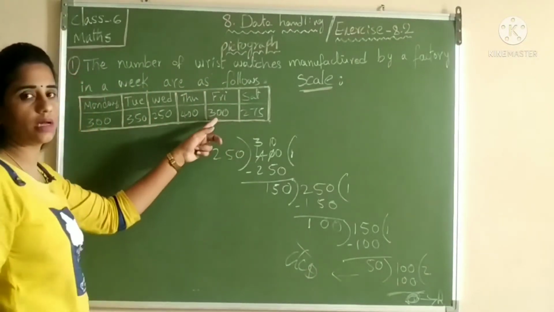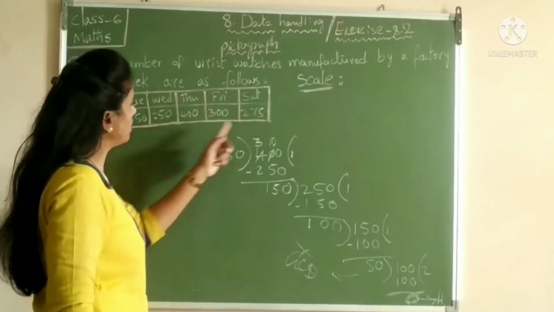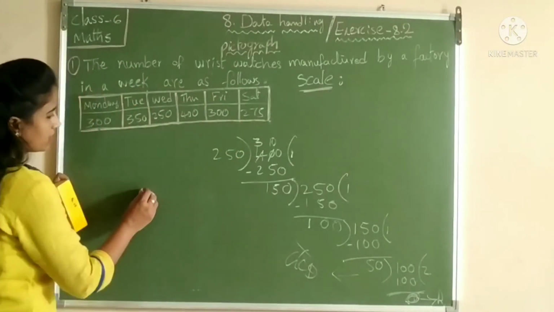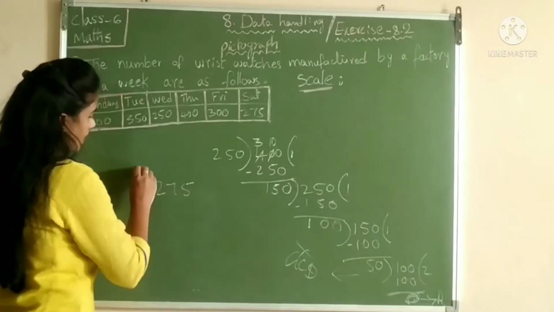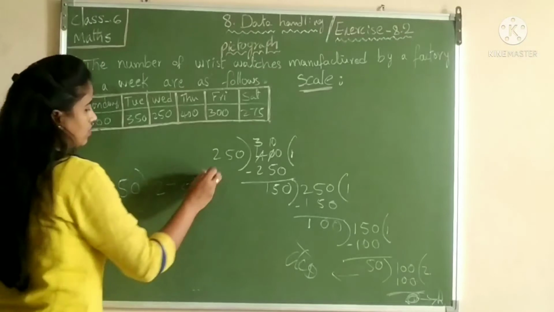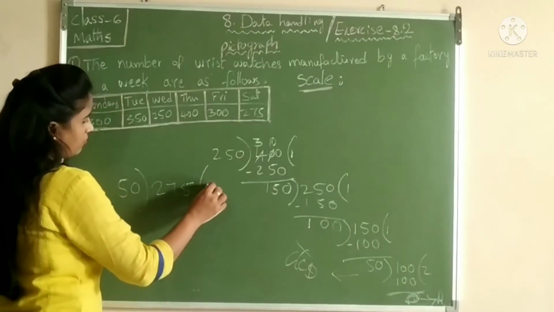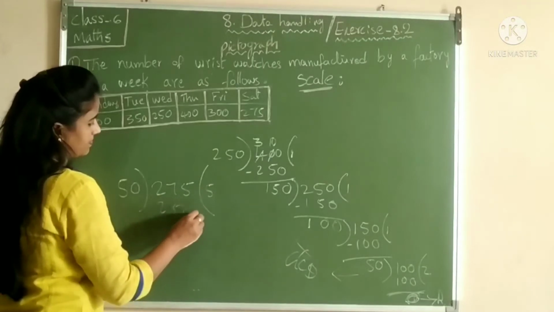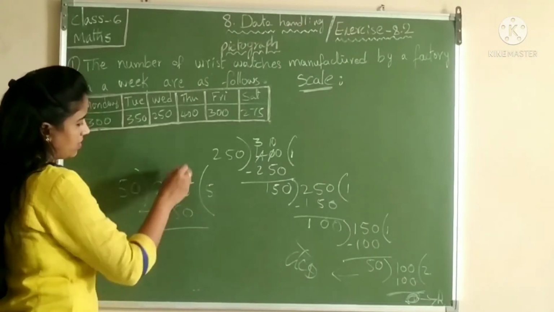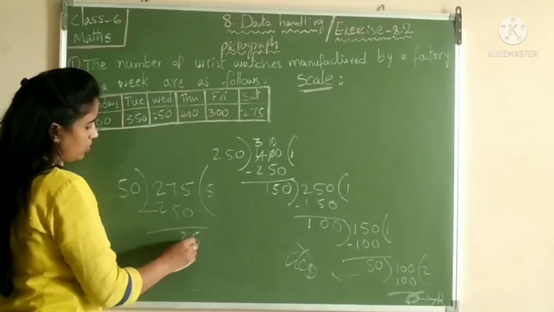So check the second smallest number. After 250, which is the smallest number? 275. So take 275 and 50 as a divisor. 50 fives are 250. 5 minus 0, 5. 7 minus 5, 2.